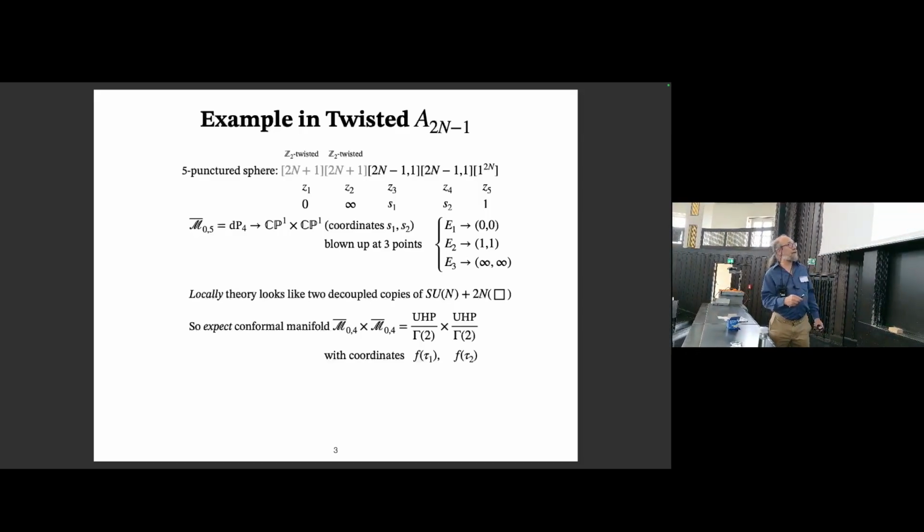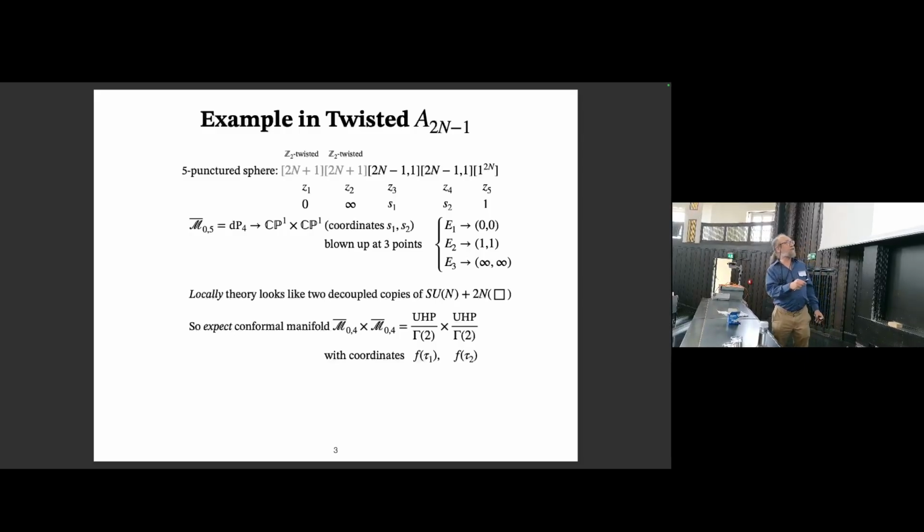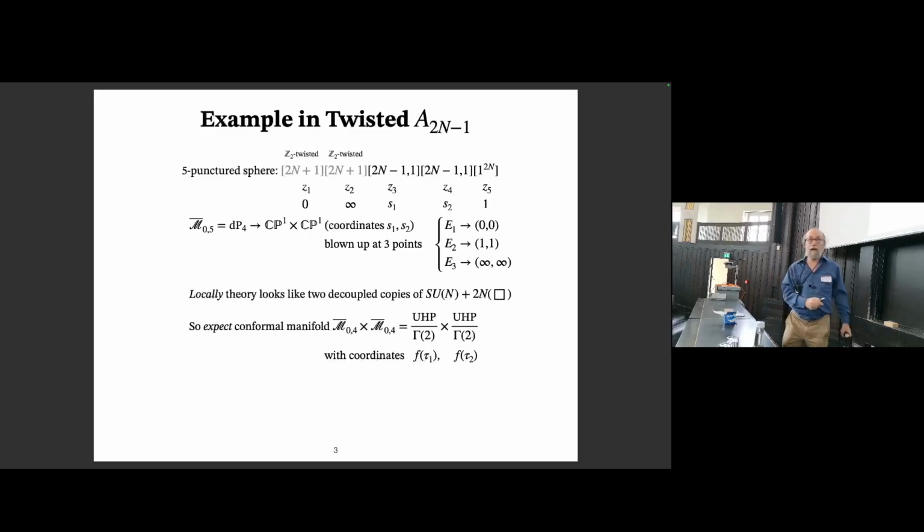So you might expect that what I should get is two decoupled copies of this theory, whose conformal manifold is then a direct product of two copies of the conformal manifold of one of them, namely, as I said, the upper half plane mod Gamma(2), or the moduli space of the four-punctured sphere, with f of tau, remember, the ratio of fourth powers of theta functions, with respect to tau 1 and with respect to tau 2, right? That's what you expect, right?